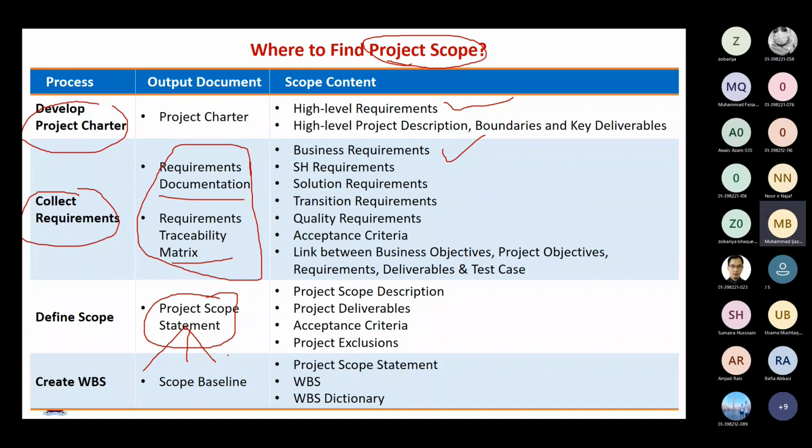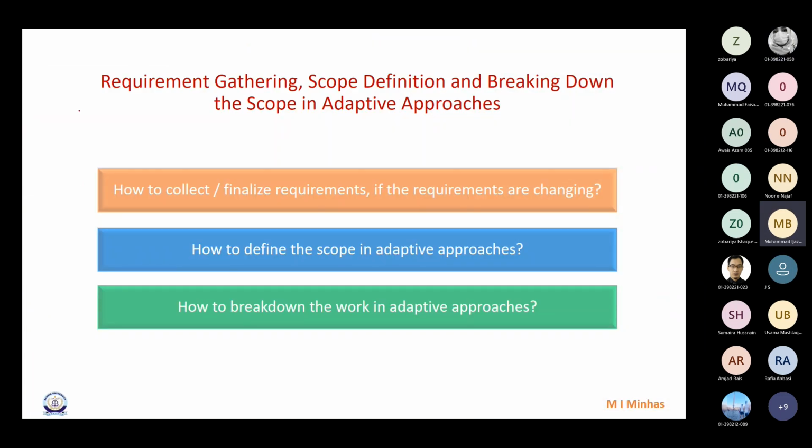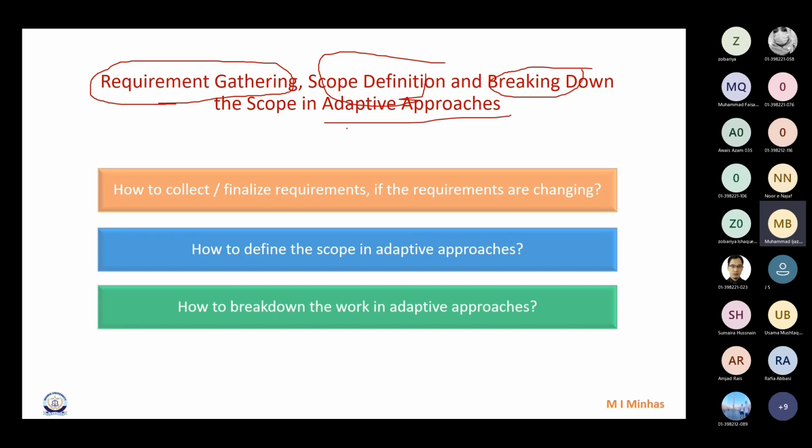Yes, sir. So now we are left with only one part that we'll study in the next class. And what is that? There are certain aspects that you need to consider during requirement gathering, during scope definition, and during breaking down of the scope in adaptive approaches.